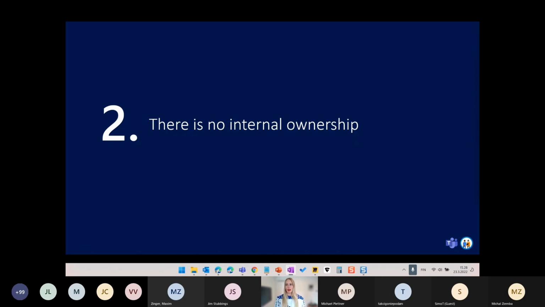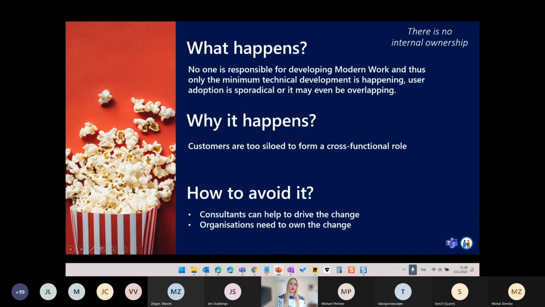Okay. I have this popcorn picture in here because I have a story to tell. This was a large Finnish organization a couple of years ago. And the thing is that they had 2 different departments, 2 different parts of the organization, which were having this Game of Thrones kind of battle fight between each other.